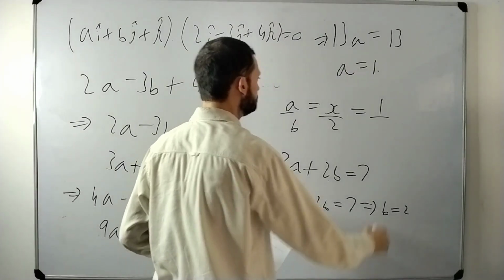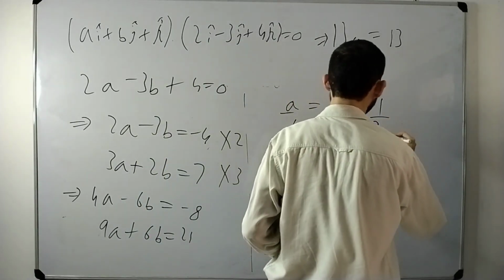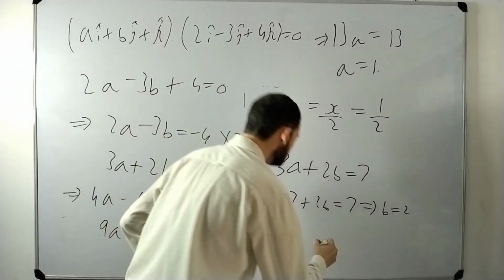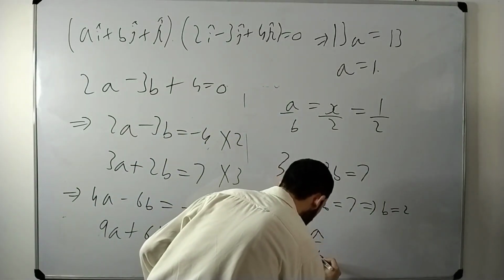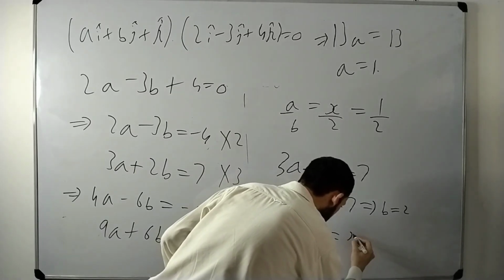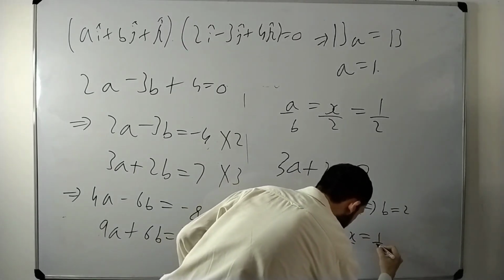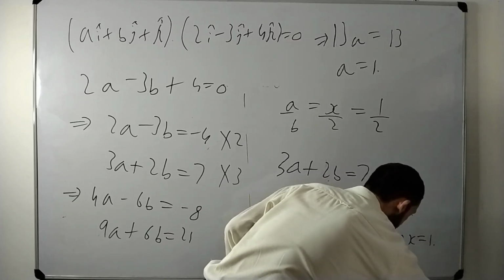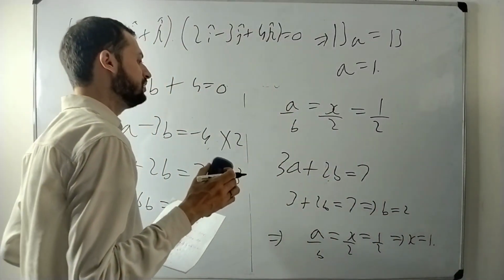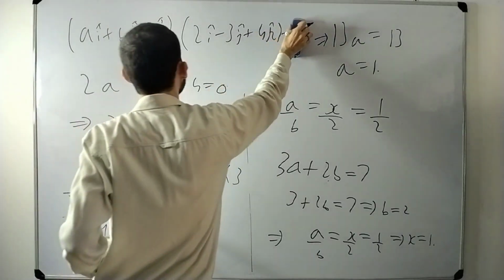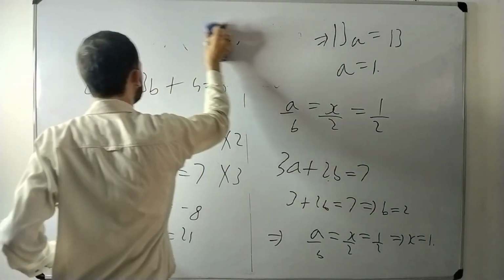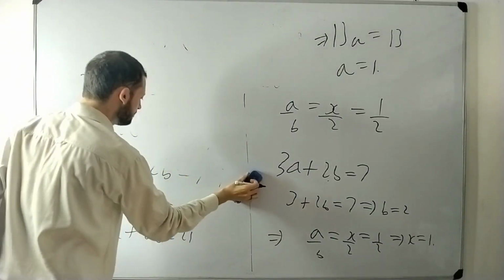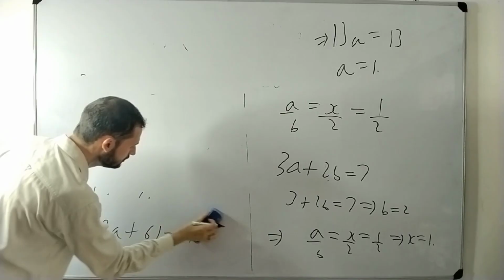And hence our ratio a to b is x by 2, 1 by 2, and this gives x is equal to 1. So this was our answer of the first question. x is equal to 1. Right, students? Definitely, sir, it was simple.